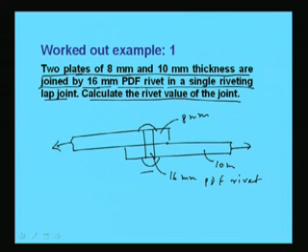So, what can we find out? We can find the gross diameter D as 16 plus 1.5 millimeter, because if the diameter is less than 25 millimeter, then the additional dimension will be taken as 1.5 mm.